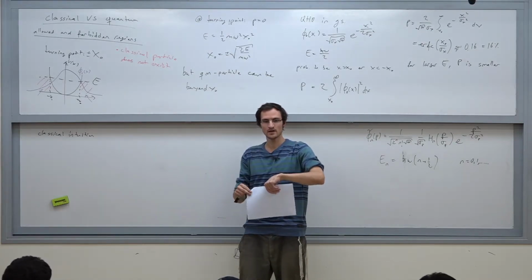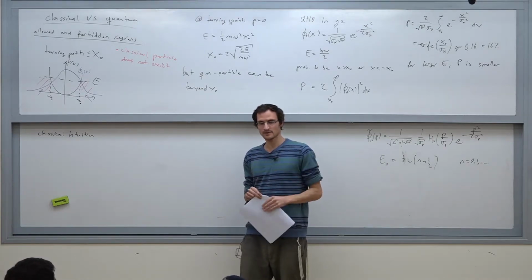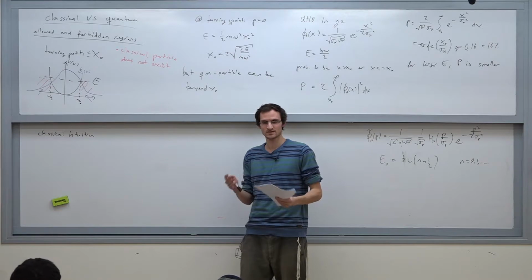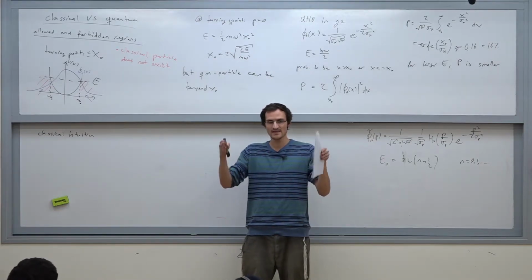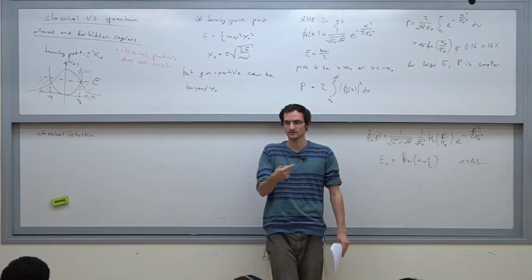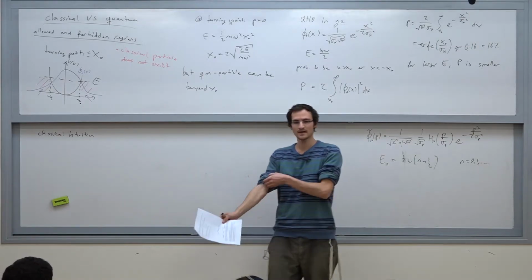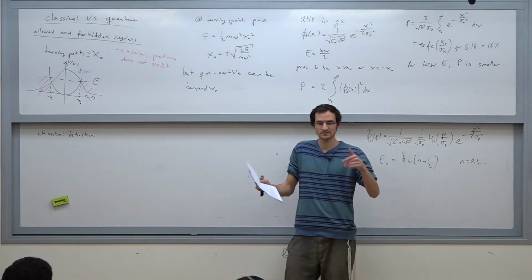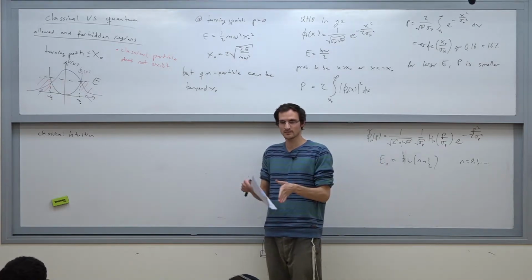Will it be somewhere in the middle? Where would you expect the particle to be in a classical oscillator? So it will most probably be on the sides. Why? Because it's much slower there. So think of a pendulum if you want. It spends much more time next to the turning points than it does in the middle, because it rushes through the center, through the equilibrium point with a large velocity, and then hits the sides. When it gets to the side, it slows down. So it spends much more time on the side than it does in the middle.